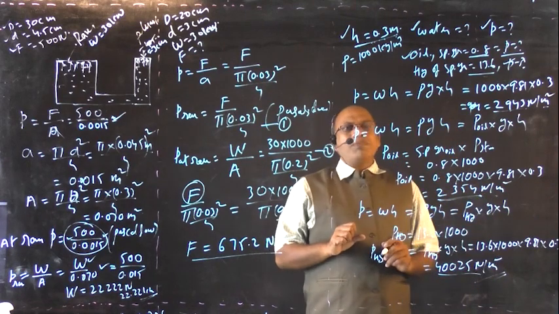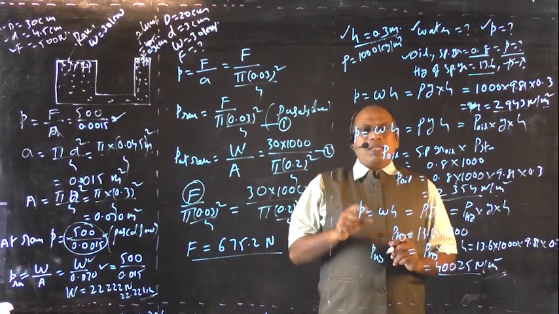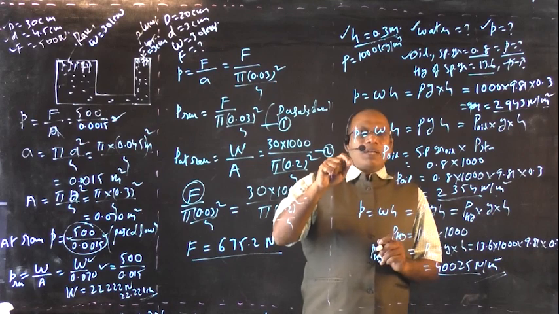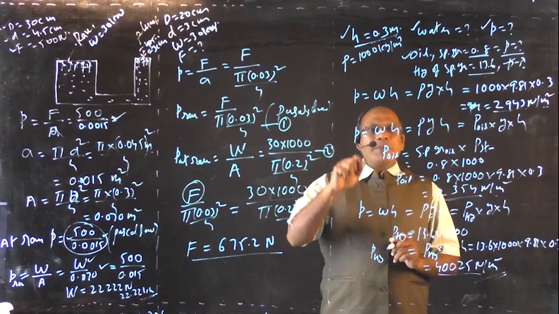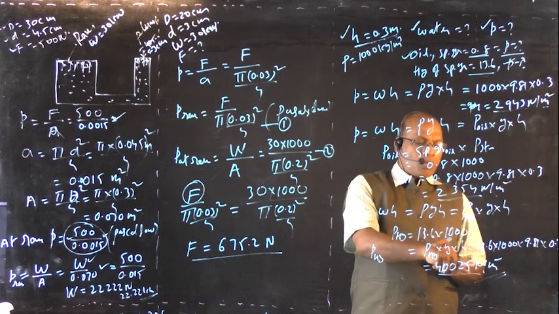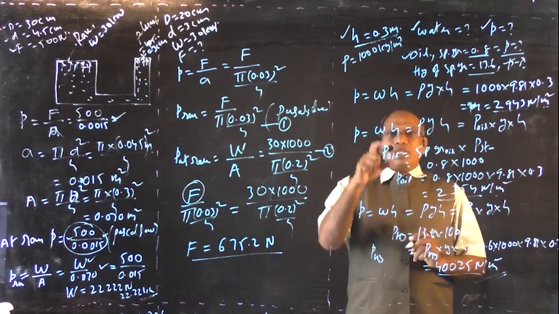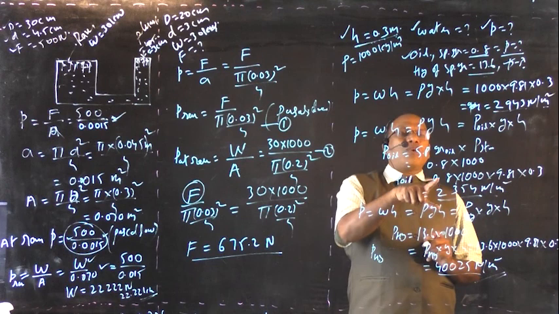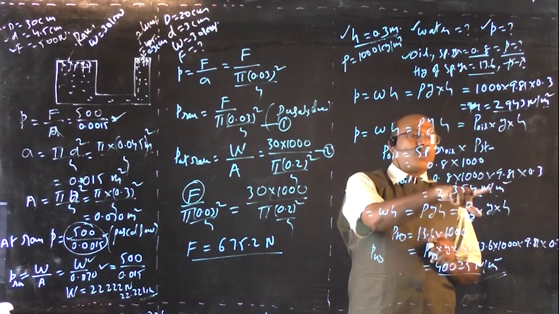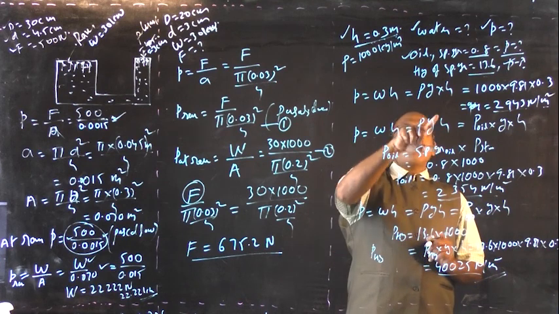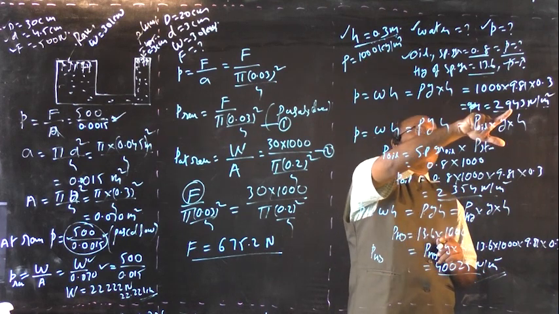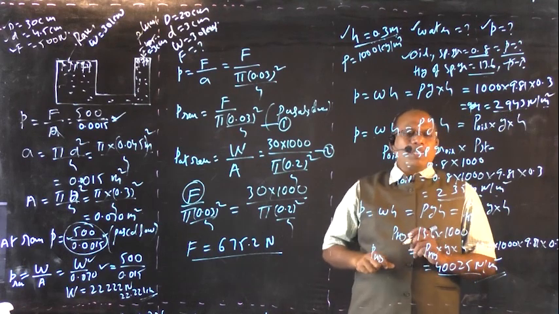Based on this problem, we observed that the pressure intensity is more in the case of mercury. The same depth of 0.3 meters of oil gives 2354 Newton per meter square. The same depth of 0.3 meters of water column gives a pressure intensity of 2943 Newton per meter square.